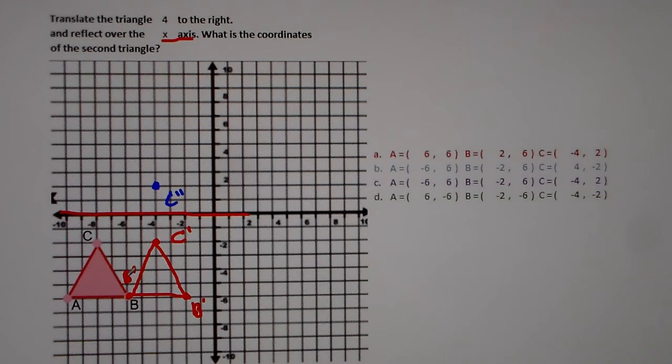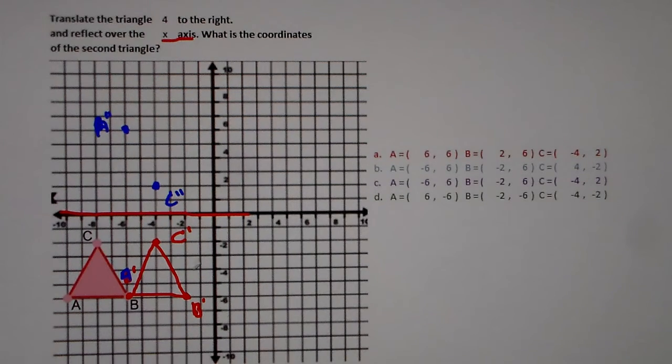B prime is 1, 2, 3, 4, 5, 6 below the red line, so we go 6 above. 1, 2, 3, 4, 5, 6. So right there is our A double prime, pardon me.